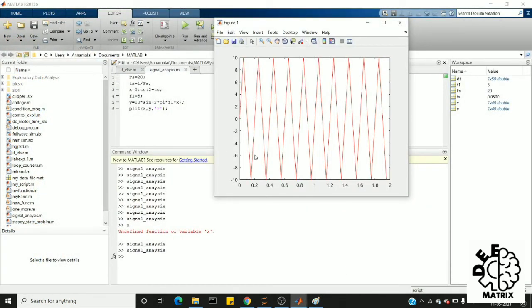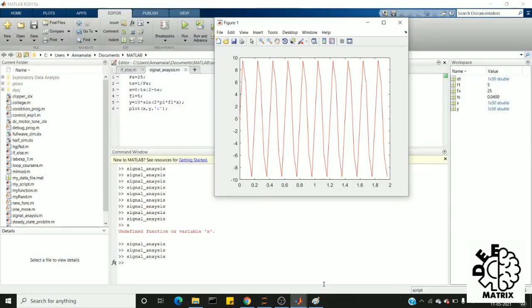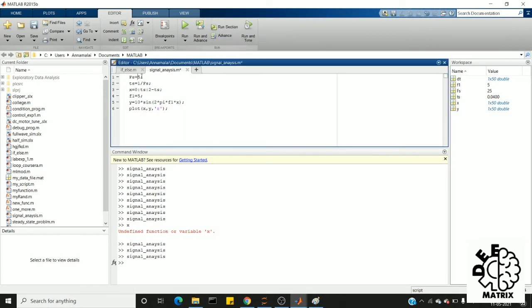So it is more like spikes of up and down, but it attains the pattern of a sine wave. Now we'll change the value to 25. We'll run again. So it has a few modifications from the previous one. We'll run again. We'll give 50.